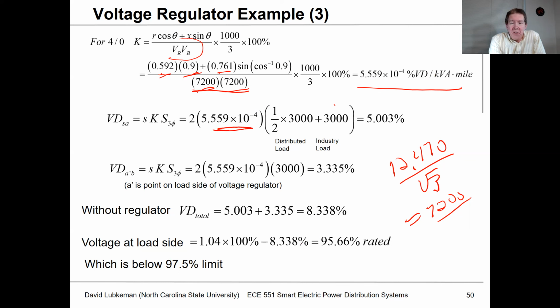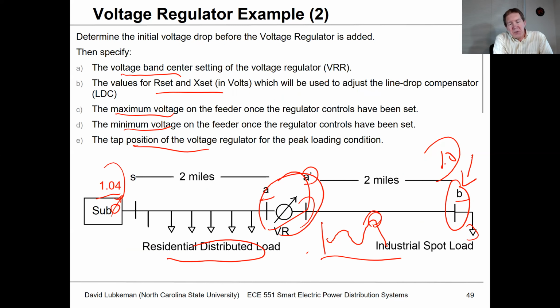Once I've got this K factor, I multiply this by the line length, and I also post multiply this by the net load. Now you'll note in this case that I've got two different loads on this first part of the circuit. I've got the load component due to the industrial load that's flowing from the substation, but I've also got the local distributed load to consider as well.